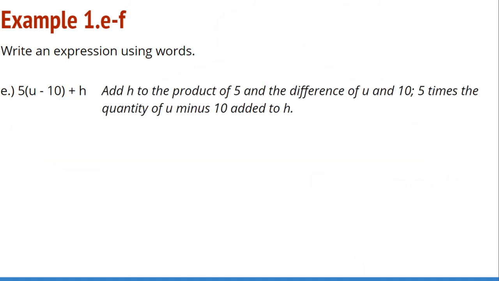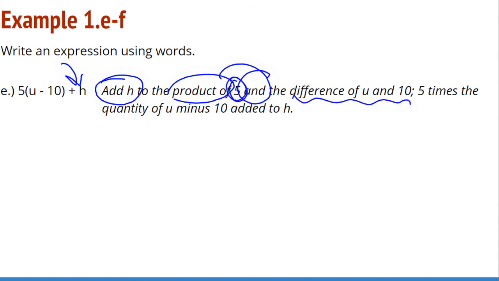So here's another way you could write it. Add h to the product of 5 and the difference of u and 10. So adding the h, which is what we've got here, saying product of, and here's the and, so 1 factor, 2 factors. 5 times the quantity of u minus 10 added to h.